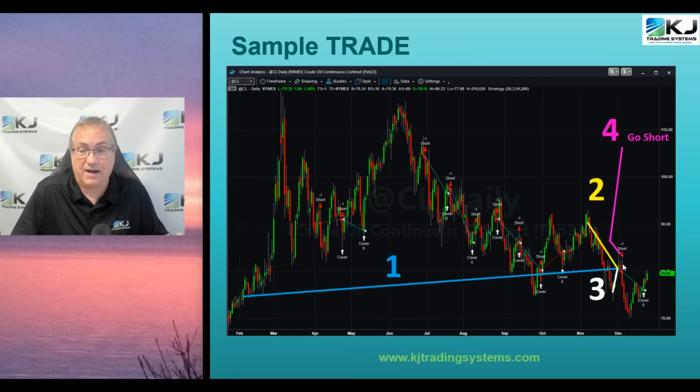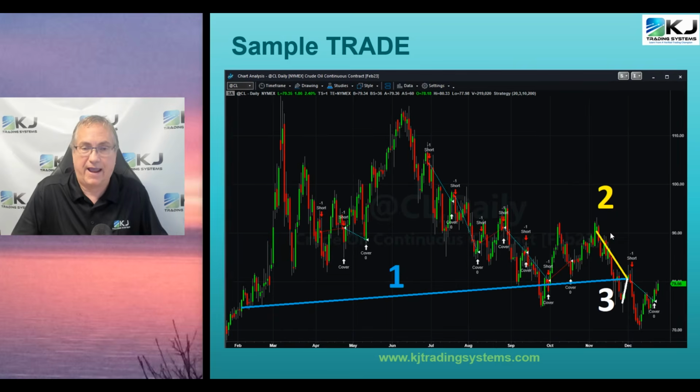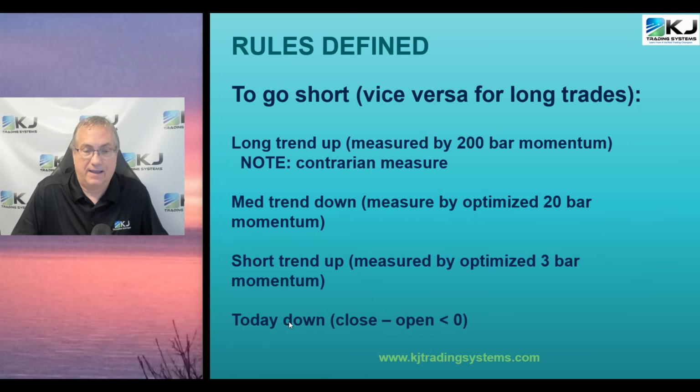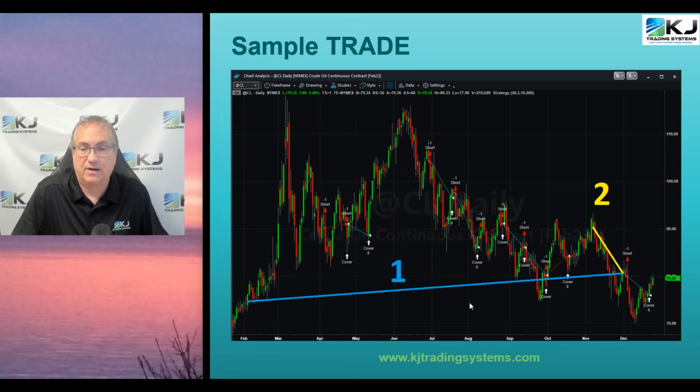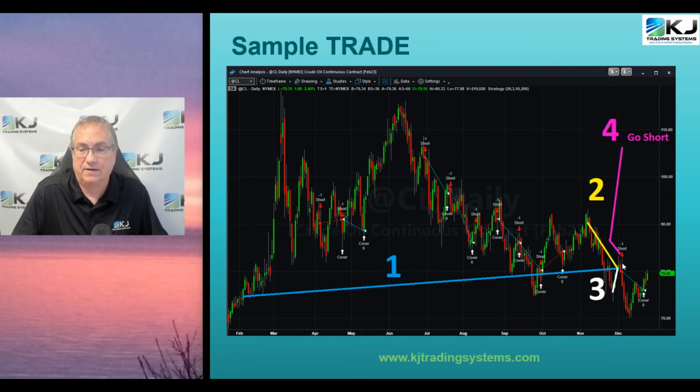And it's hard to see here, but the bar is down again for that 4th criteria. The open was greater than the close today. Let's go back where it says today down. So it's moving in your favor right there, and then it gets the signal to enter short right there.